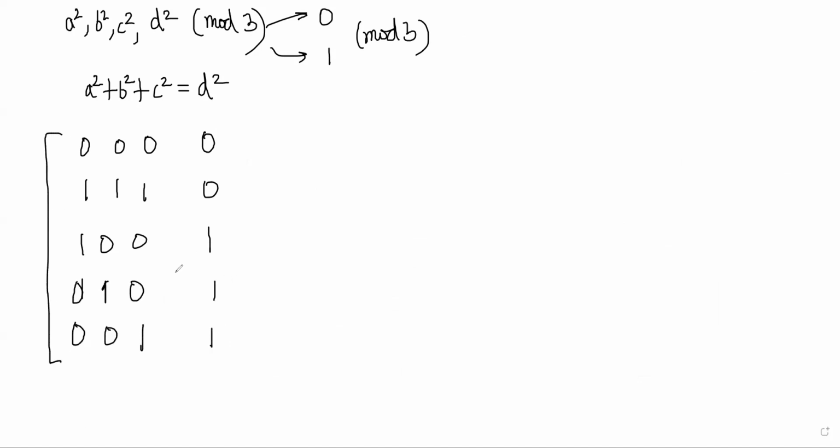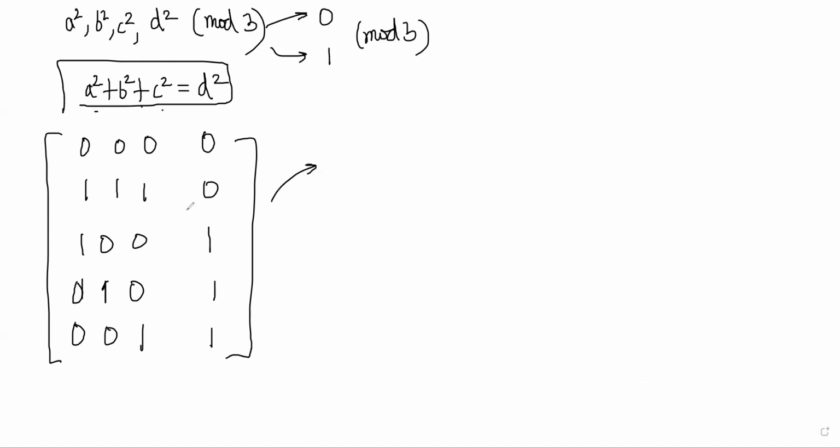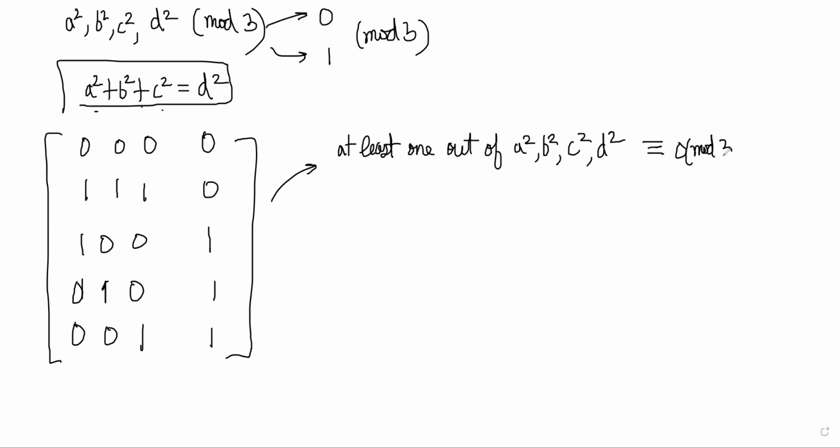These are the 5 ways in which this relation will be true. In each of these cases, at least one out of a square, b square, c square, and d square is congruent to 0 mod 3. So that means a square is divisible by 3, which implies that a is congruent to 0 mod 3.